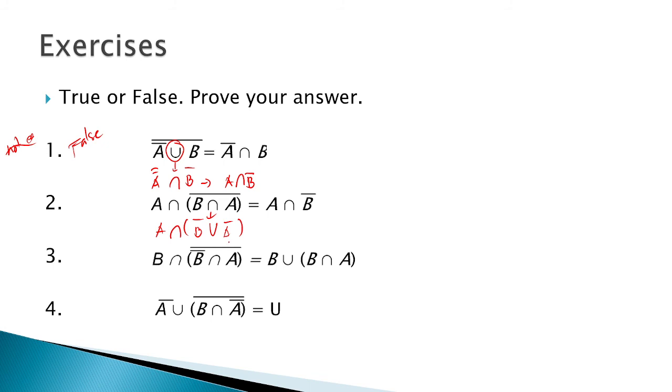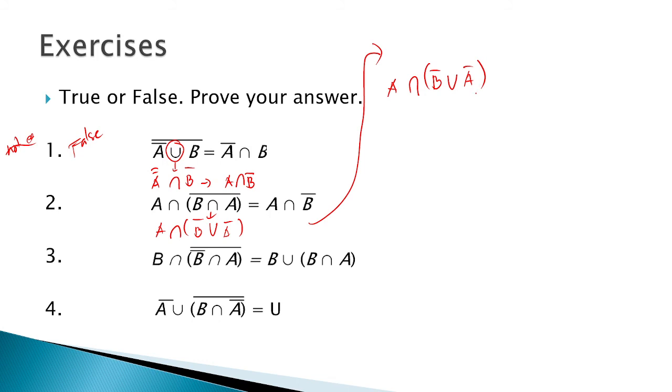So, lahat ng A, tapos i-union mo sa lahat ng hindi A, tapos lahat ng hindi B. Sulat natin dito, para hindi tayo malito. So, we have A intersection B bar, union A bar.